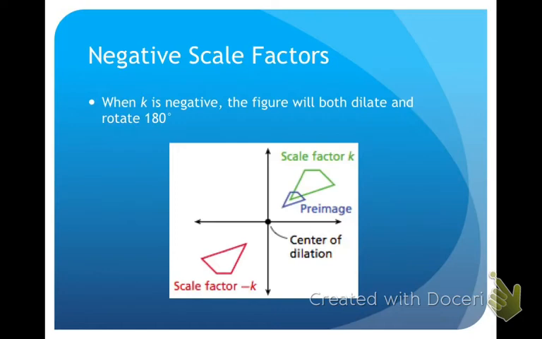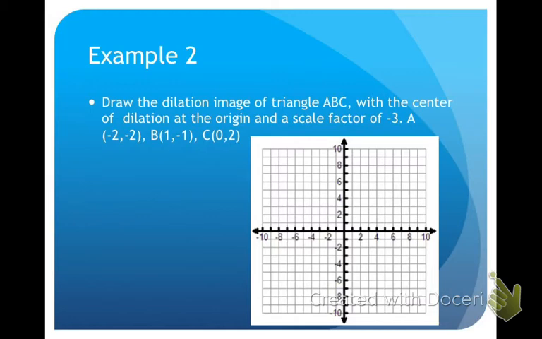If you happen to have a negative scale factor, you get both a dilation and a rotation. So, let's take a look. Same example, and let me pause to plot it. Alright, so when I do a negative dilation, I'm going to multiply everything by -3.